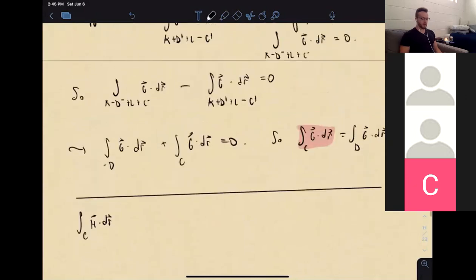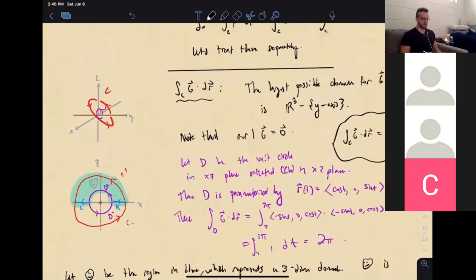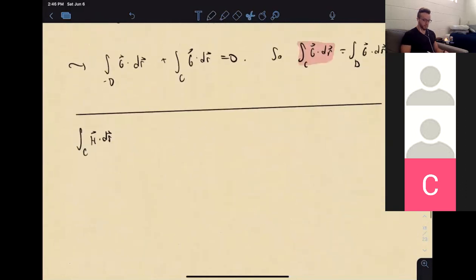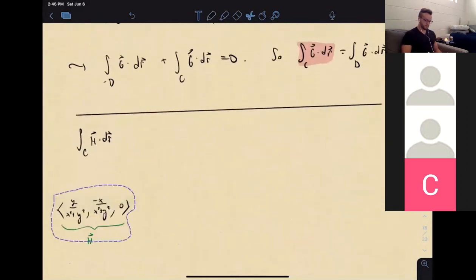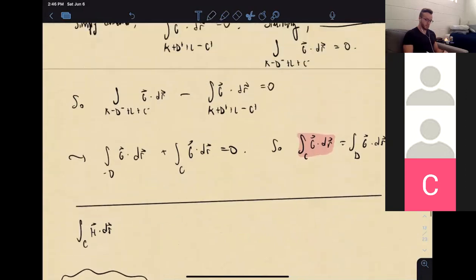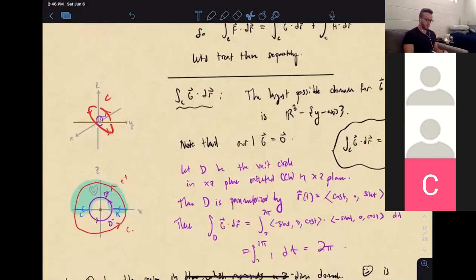So the integral of H over C, I could copy this picture again. Sorry, I'm scrolling a lot. One more copy paste.